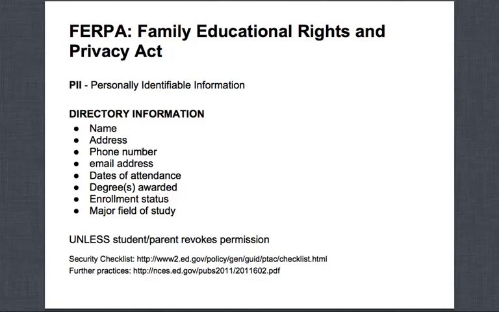FERPA, the Family Educational Rights and Privacy Act. This deals with personally identifiable information, which is pretty much anything that can tie a set of records back to an individual person. For the most part, the protected stuff becomes things like Social Security number, credit card numbers, any of those other ID numbers that are non-specific to your institution.